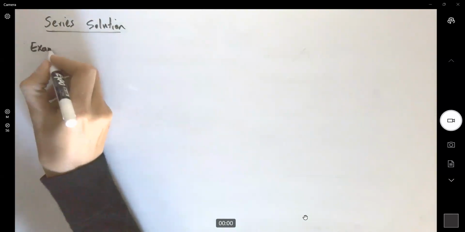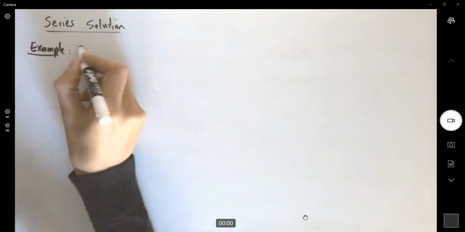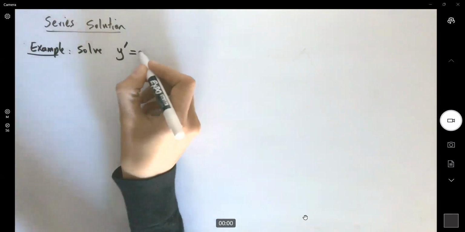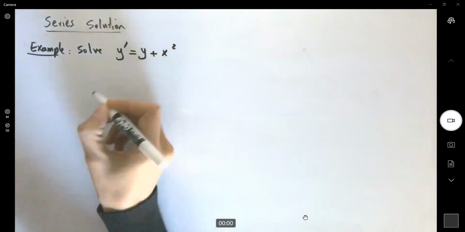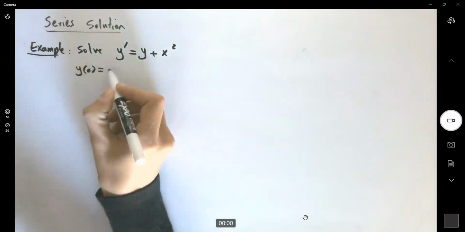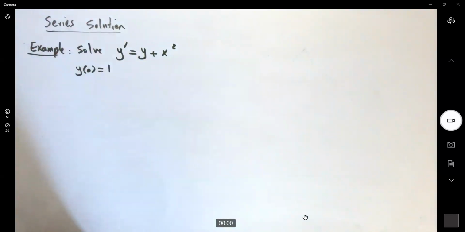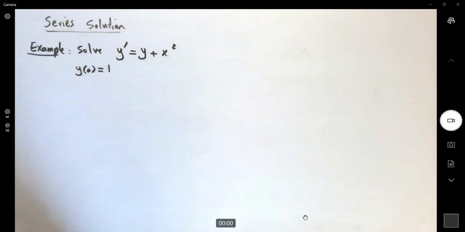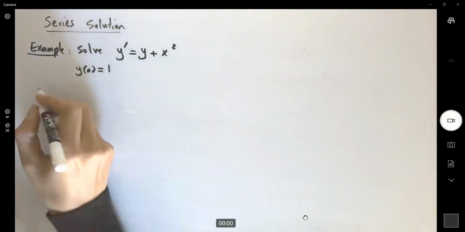Example, solve y prime equals y plus x squared, and suppose you have the initial condition that at 0, y is equal to 1. So what are we going to do? We're going to use a series.